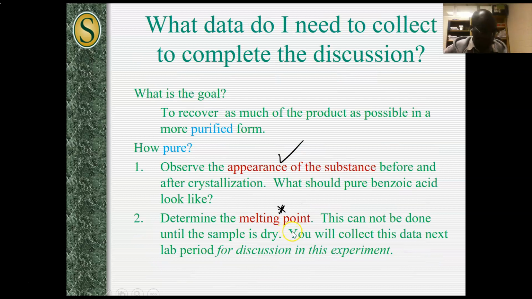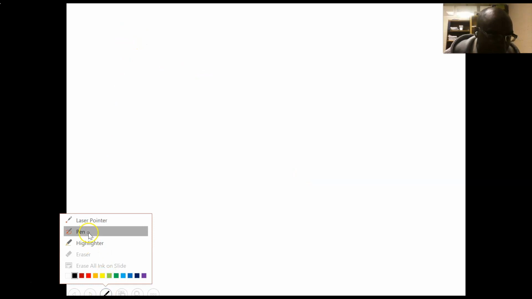Let me tell you what I wanted to tell you. Before you come to class, you will need the pre-lab notebook setup as described in the syllabus. Remember what that is.